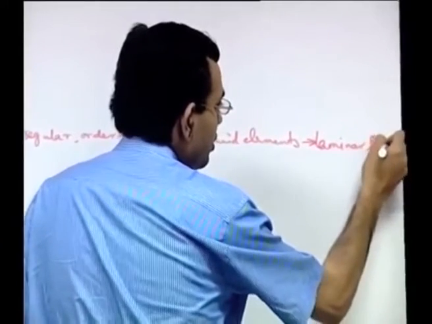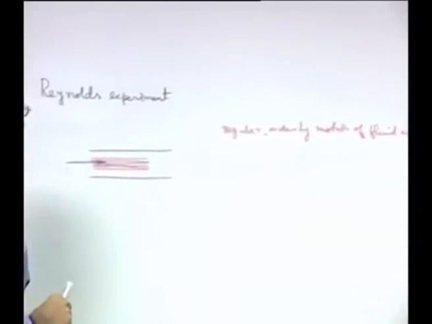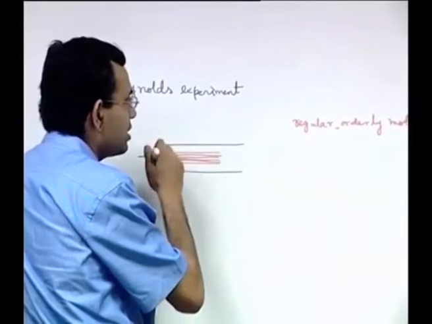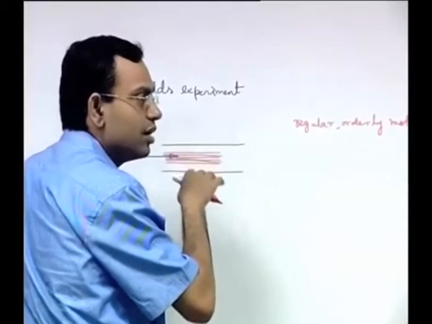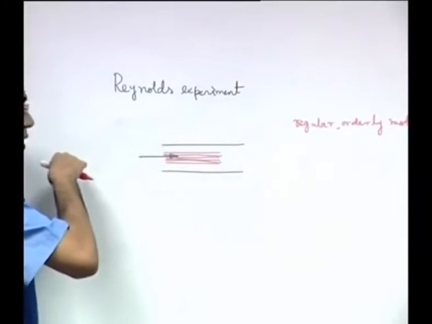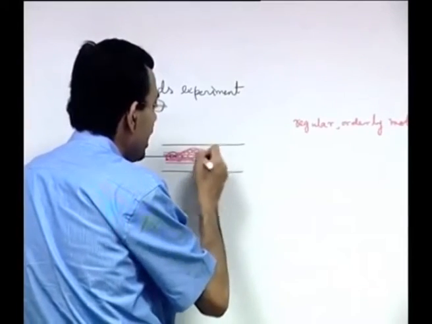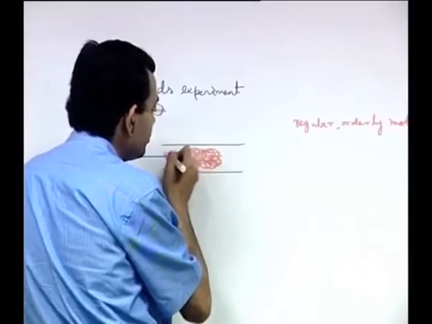Remember, these are not formal definitions, these are just some qualitative understandings of what we are talking about. Now suddenly, as you increase the velocity of flow, what is seen is that these dye lines no more remain like in a layered manner, and they somehow tend to get diffused and mixed in the flow.